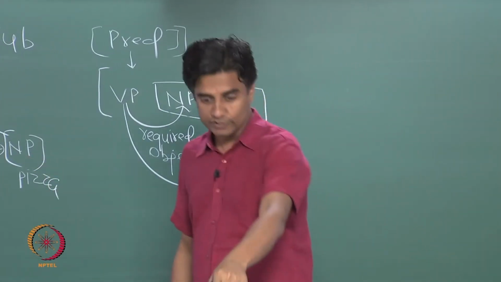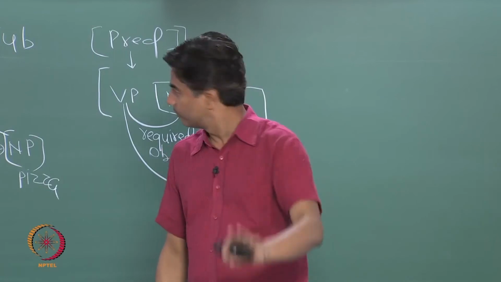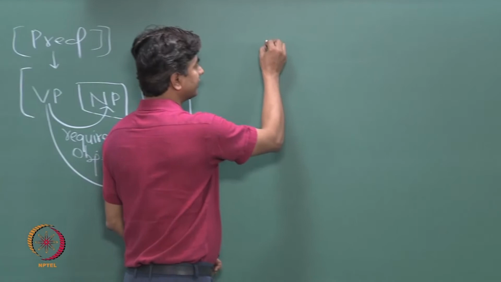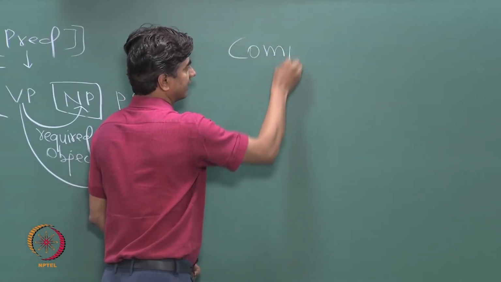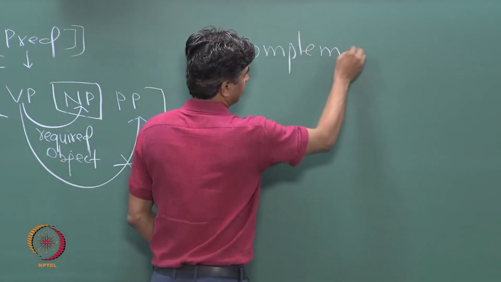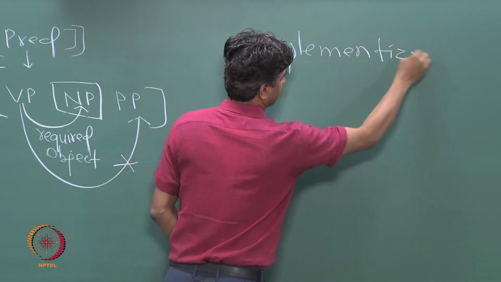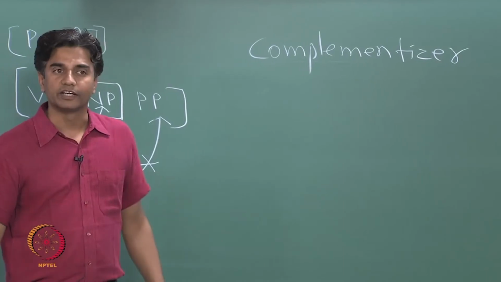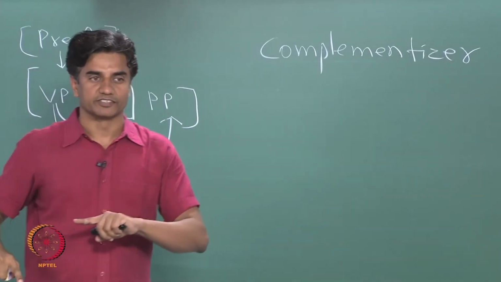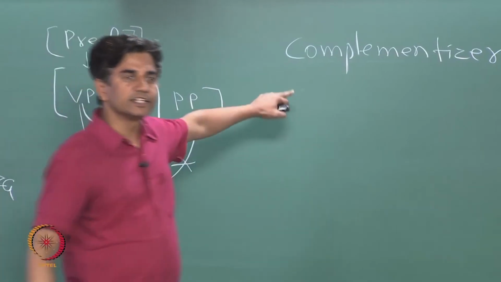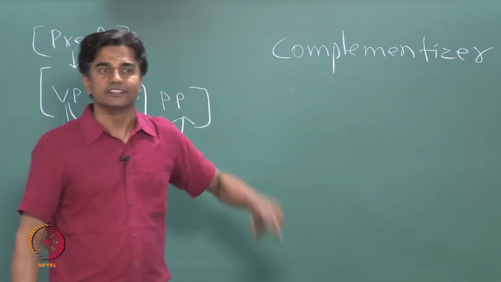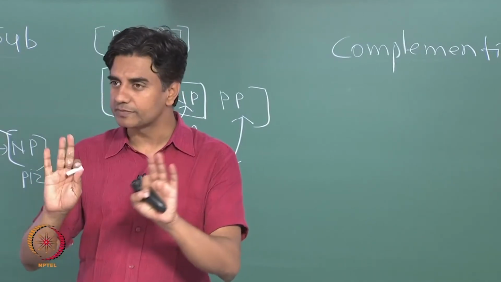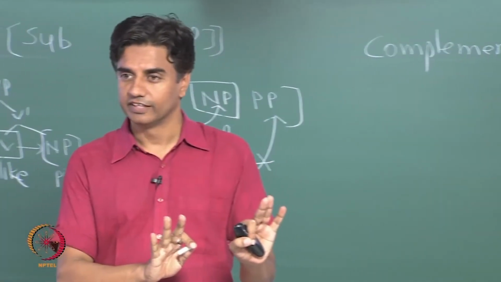However, since we are talking about several terms, it will be nice for us to talk about that term at least. That term is called... can you read this? Complementizer. You have heard the word complement, and this is a new term. It's called complementizer. Okay? Now, there is a huge difference between a complement and a complementizer.